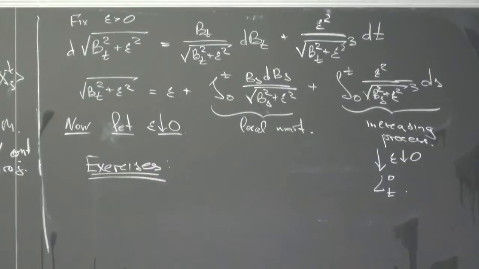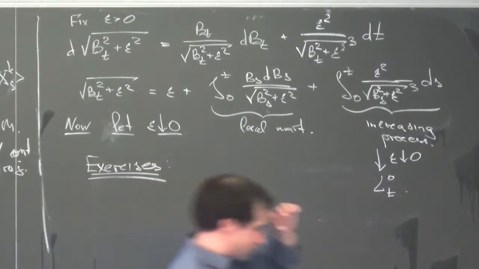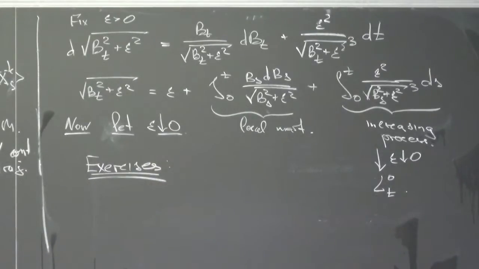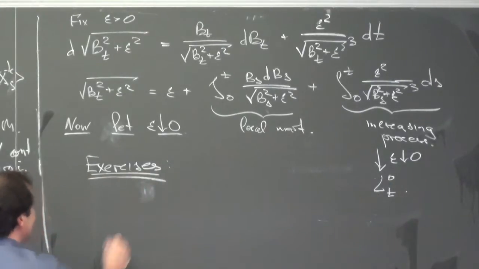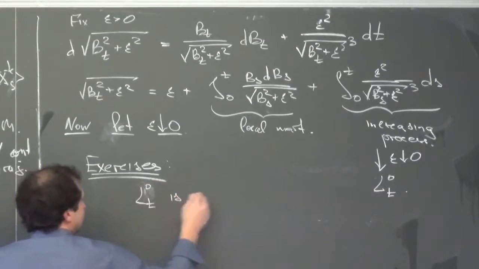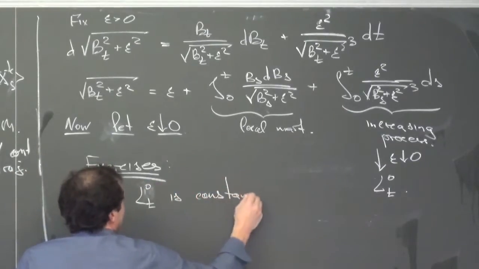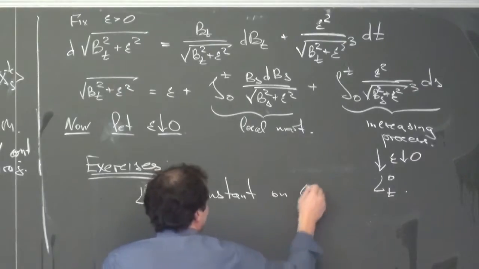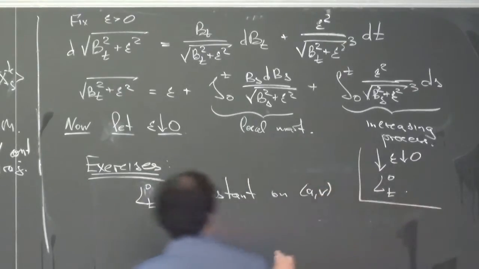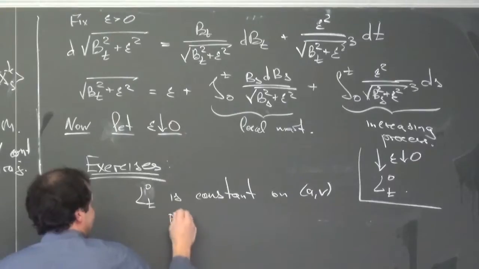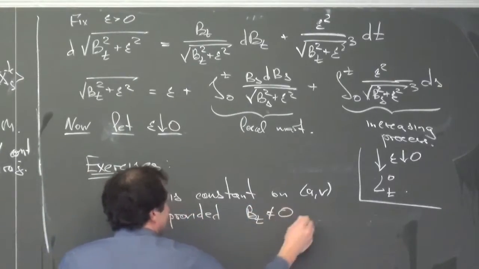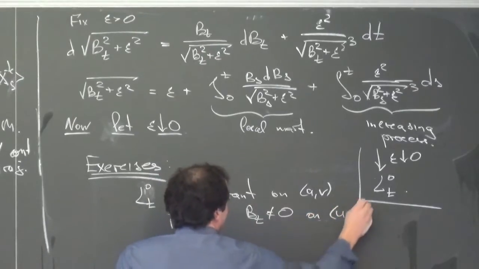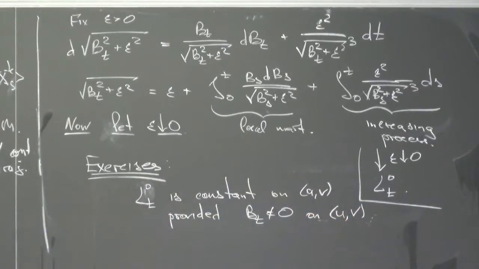And again in exercises, it's fairly easy to see that L_t is constant on any interval (u,v), provided B_t does not vanish on this interval.